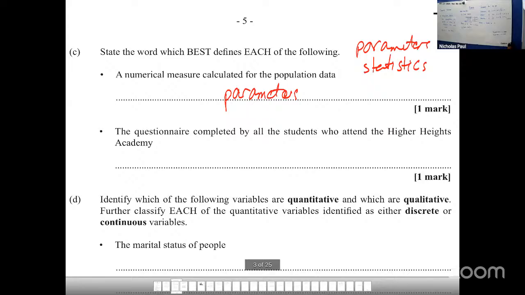Statistics is a numerical measure calculated from sample data. In the small PDF that I sent you, you'll see it.